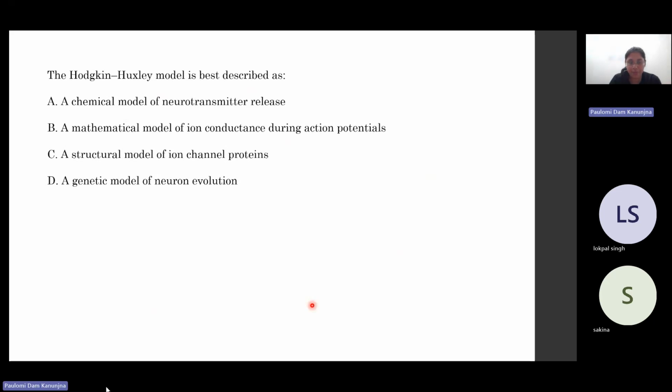Let me read it out for you. The Hodgkin-Huxley model is a chemical model of neurotransmitter release. It's a mathematical model of ion conductance during action potential. It is a structural model of ion channel proteins, or it is a genetic model of neuron evolution. B. Exactly. Like I described when I was talking about this model, it's basically a quantitative model of how the action potential moves. So it's a mathematical model.